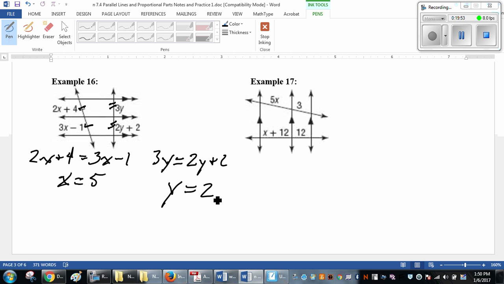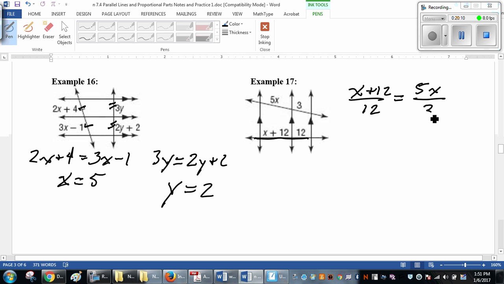All right, example 17. Same idea. Look at the pieces. I'm dividing this one. I'm going to take x plus 12 over 12 equals my other line now. I'm dividing, and I have 5x over 3. There's our proportion. Let's go ahead and solve this one because we haven't solved them for a while.